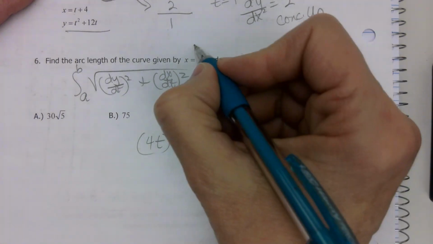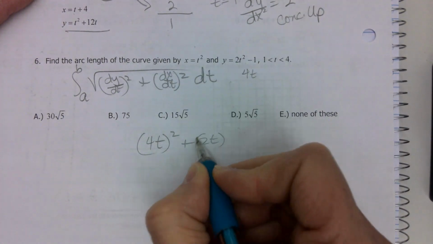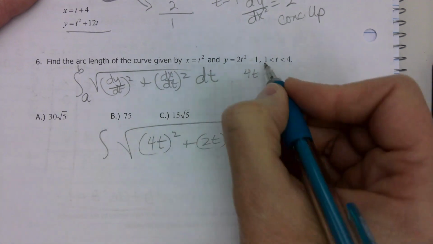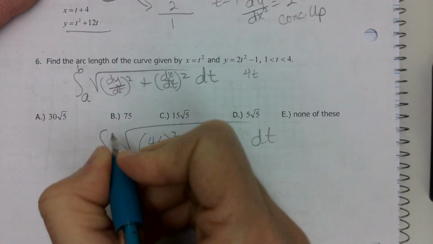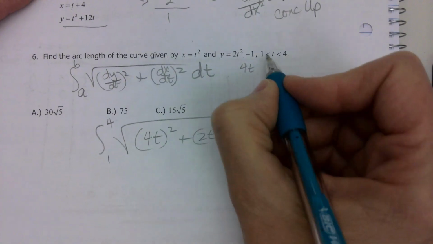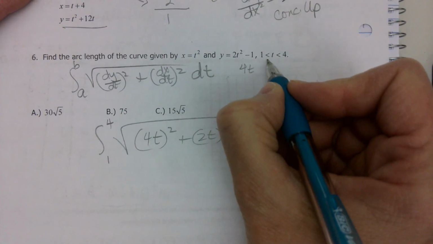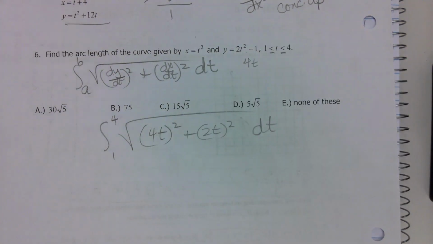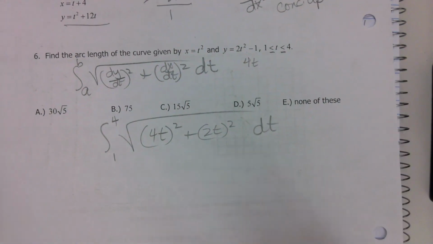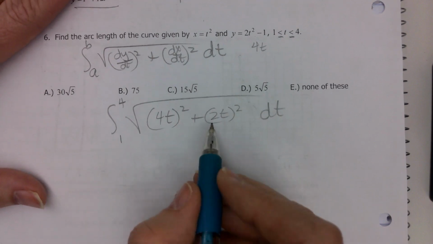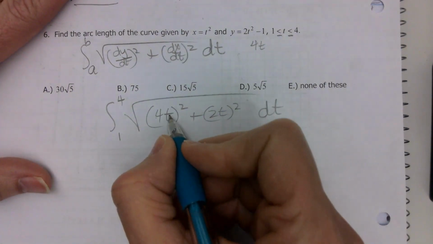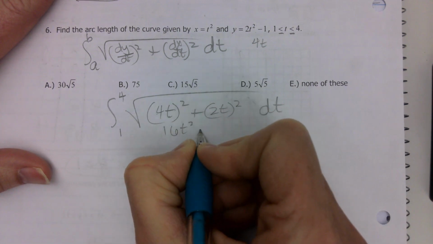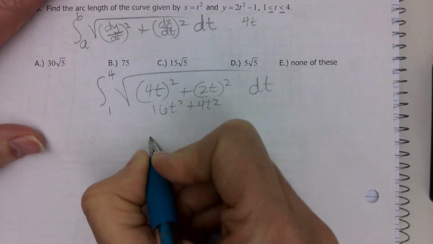And dx/dt is 2t. It gave us the integral from 1 to 4. So, anyway, what is 4t quantity squared? 16t squared plus 4t squared is 20t squared.